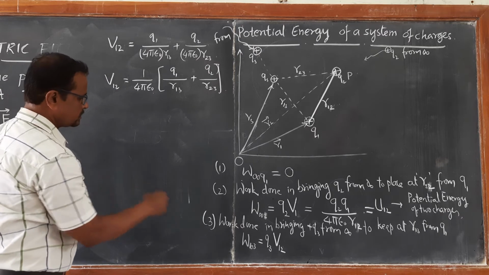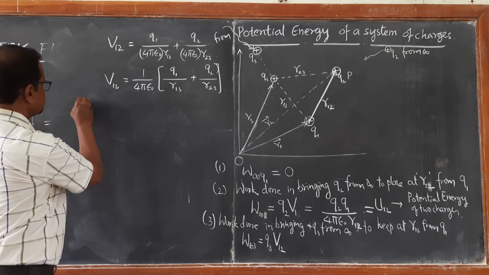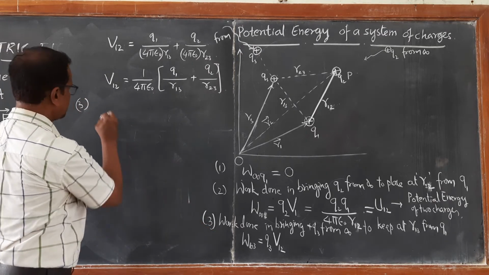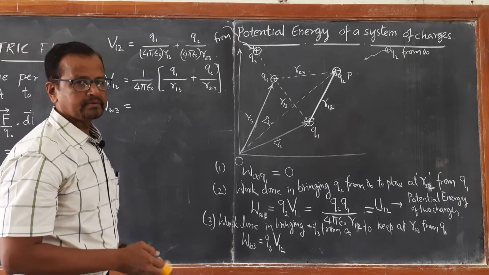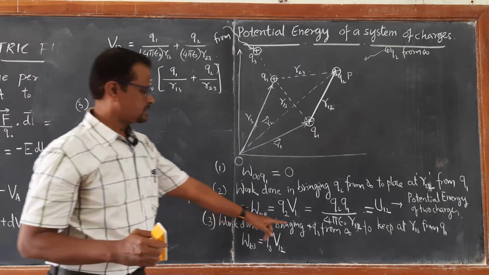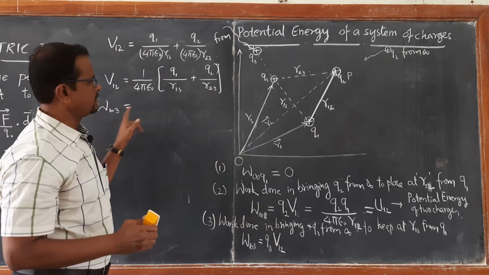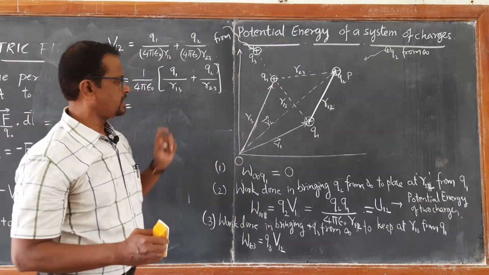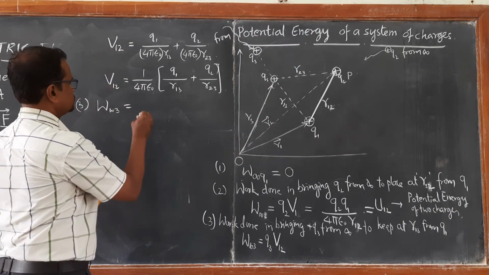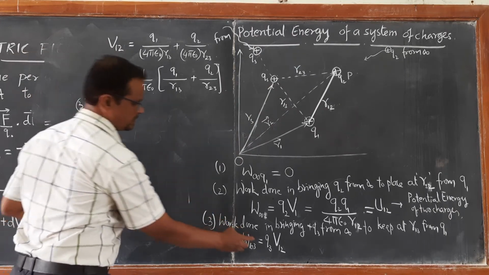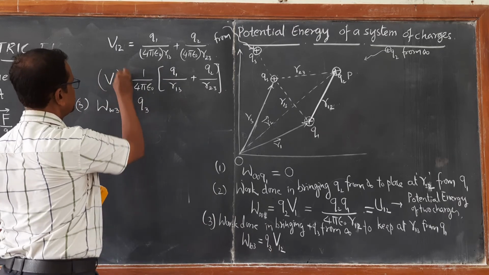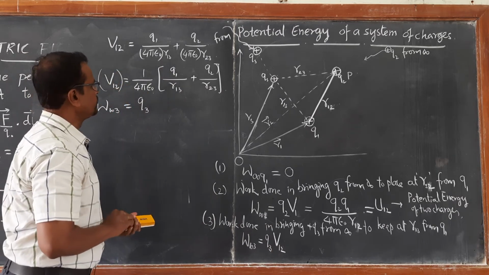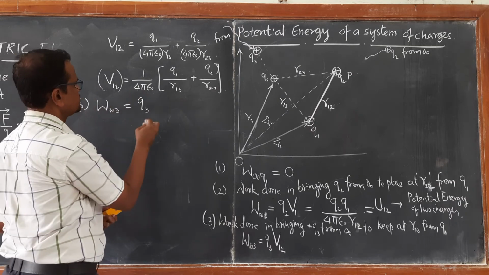Therefore, third, I am writing here, W infinity to 3. What is the work done in bringing charge Q3 from infinity to place at position vector R3? So this becomes Q3 times V12, and V12 is given by this.